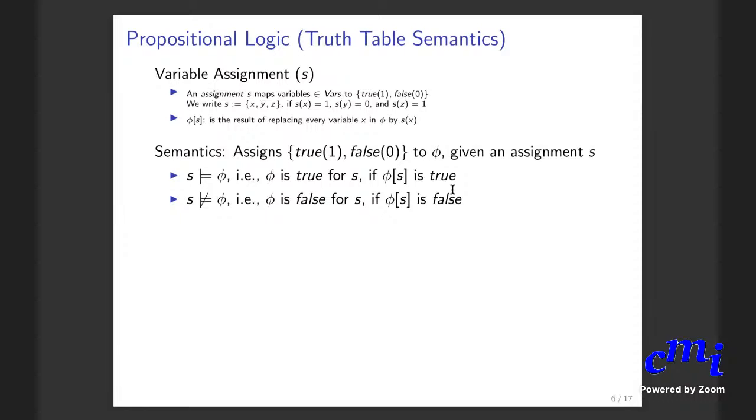Because the earlier rules did define the truth value semantics for a formula that had only ones and zeros, but was constructed using various logical connectives.